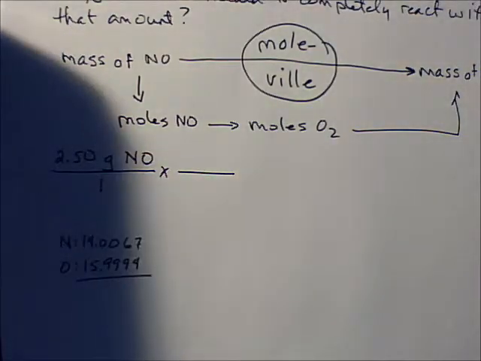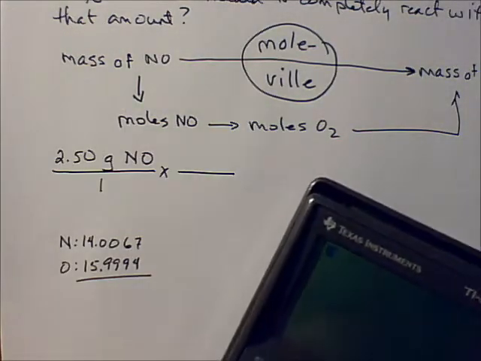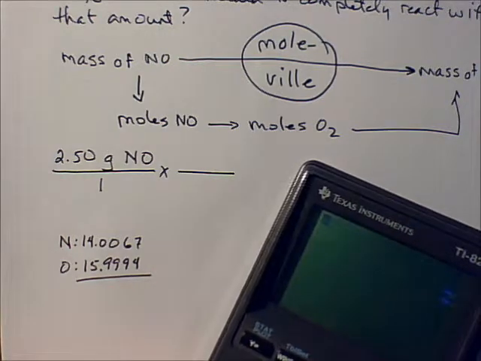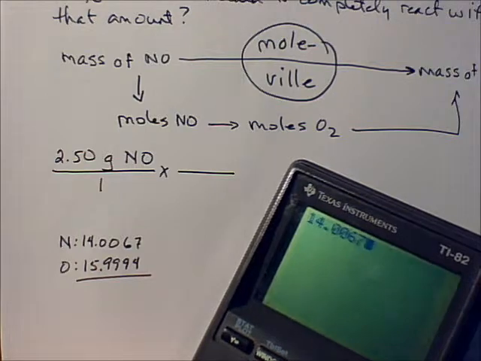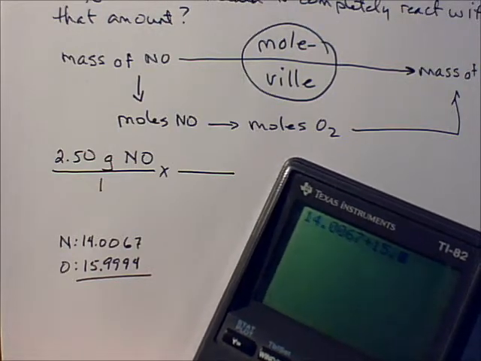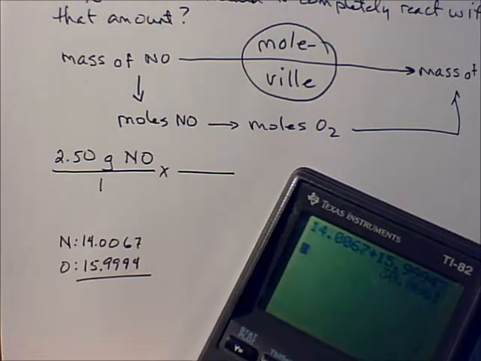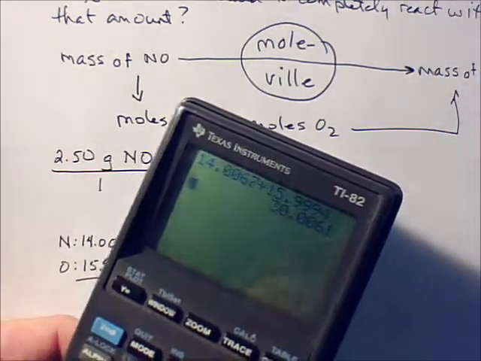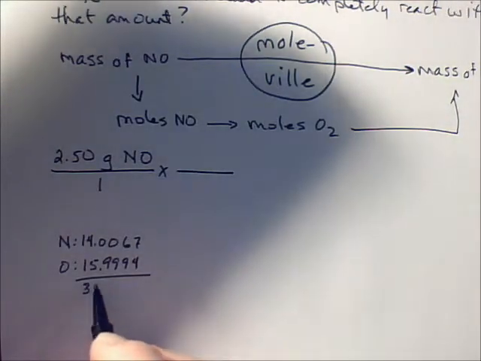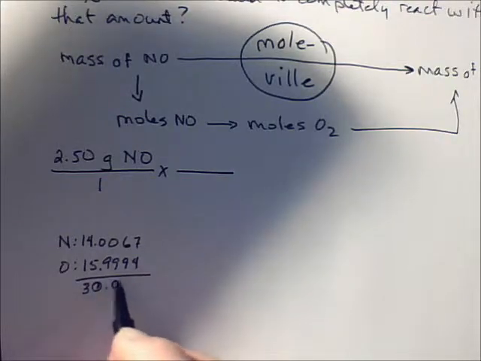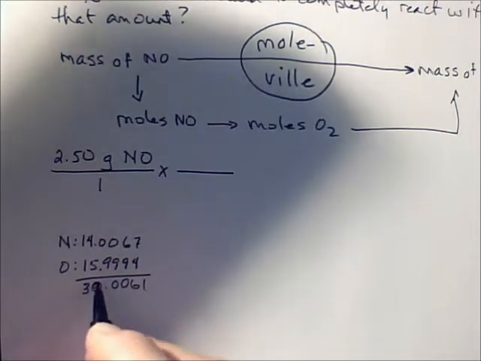Okay. So 14.0067 plus 15.9994, and I get 30.0061.